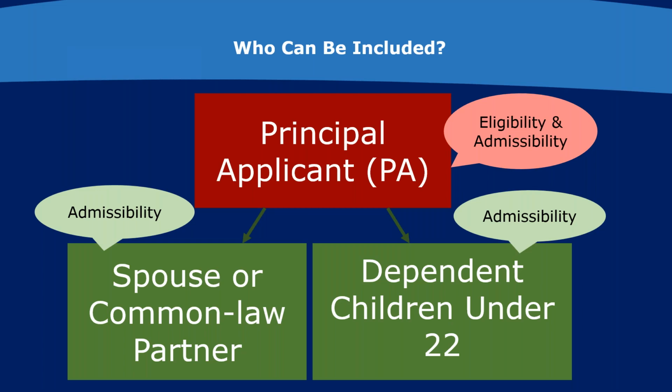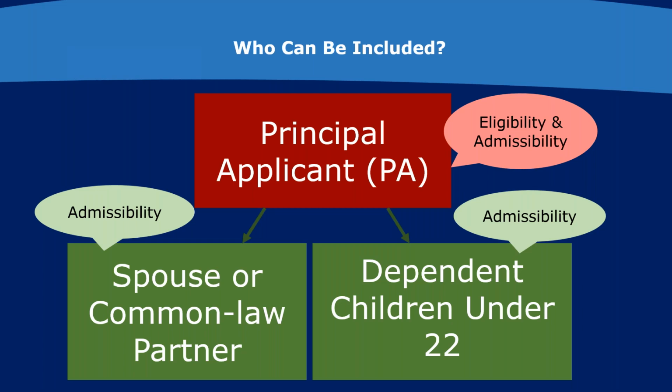If they're 25 and not married, they will still be able to come with the principal applicant under the application that the sponsors have submitted. And if the children are married, then they're not considered dependents and need to have their own separate application package, just like the older daughter of 25 that we talked about.